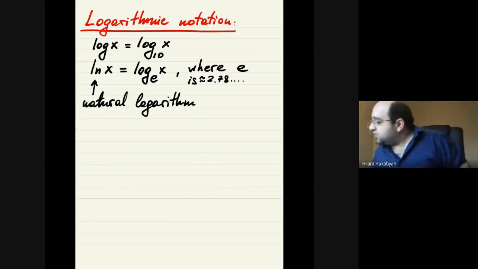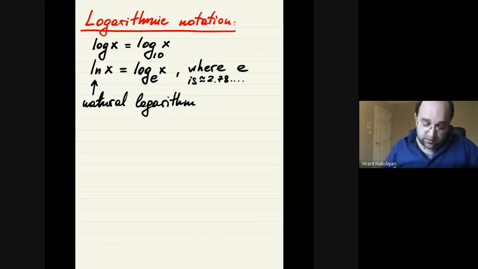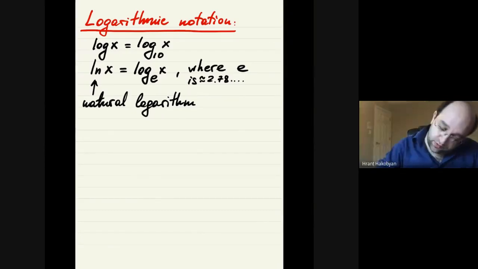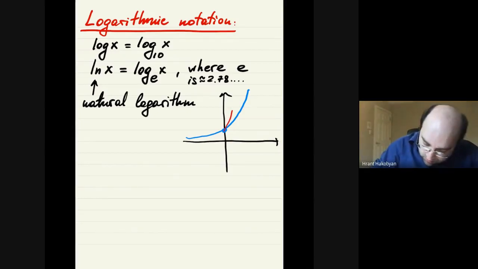So we don't have really time to talk about why it's important, but in a lot of situations, that's the most natural thing. One of the things, if you remember, the way to figure out what this e is: if you remember what the graph of an exponential function was, if you had several different exponential functions all going through the point (0, 1), we had this one maybe here, and let's do this one here.